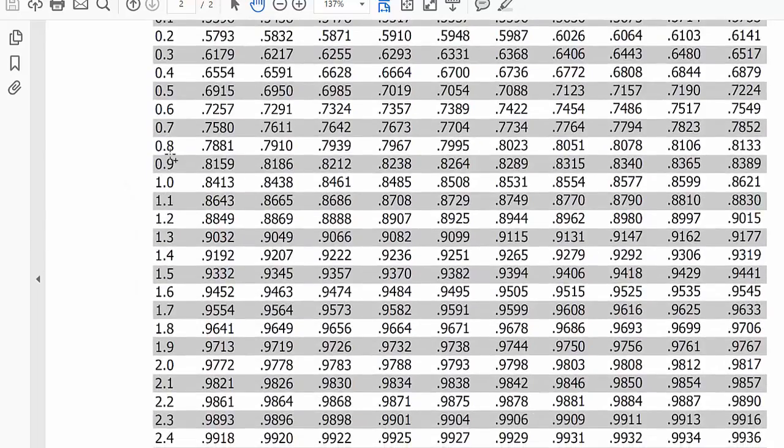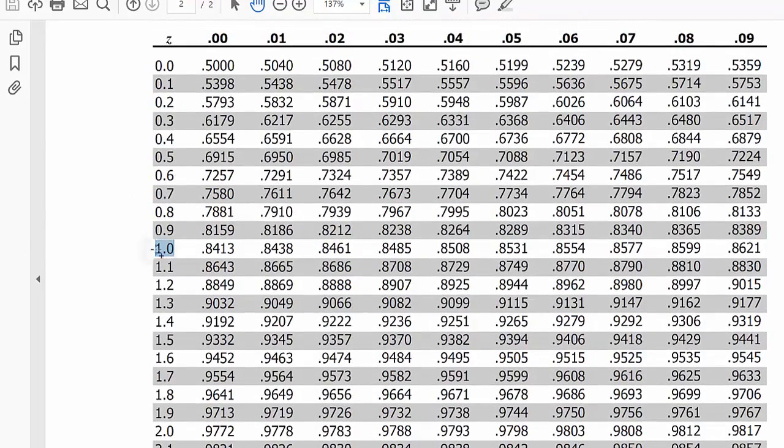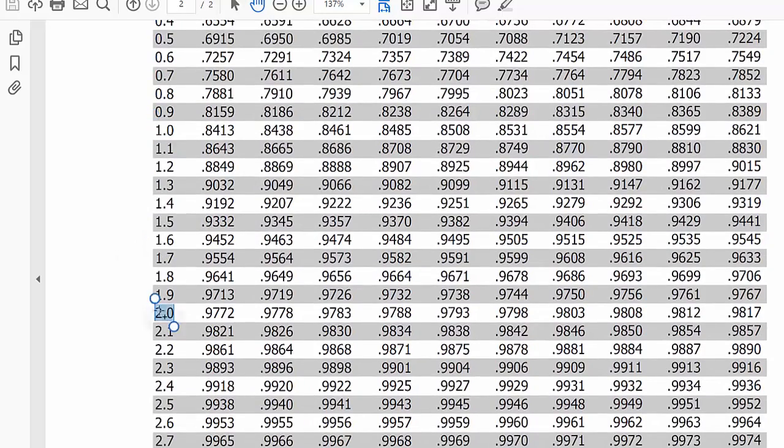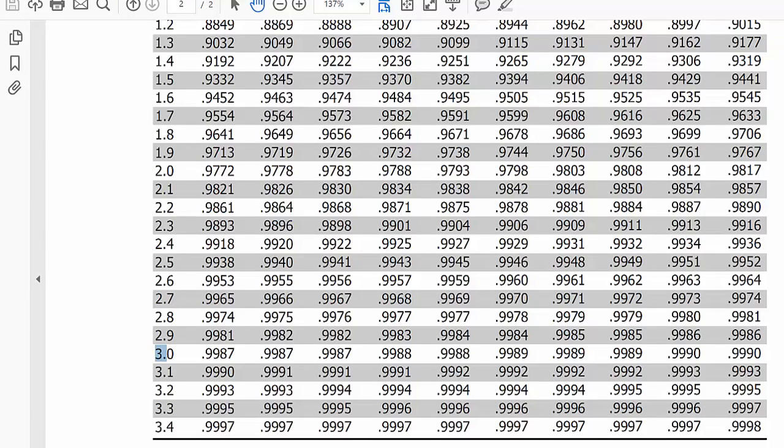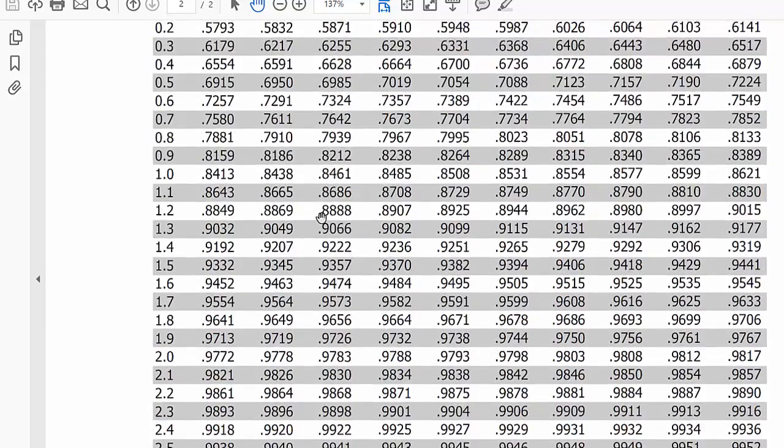If you look at the positive side also, this is 1 sigma away. This is 2 sigma away. As you see, many different values exist here.